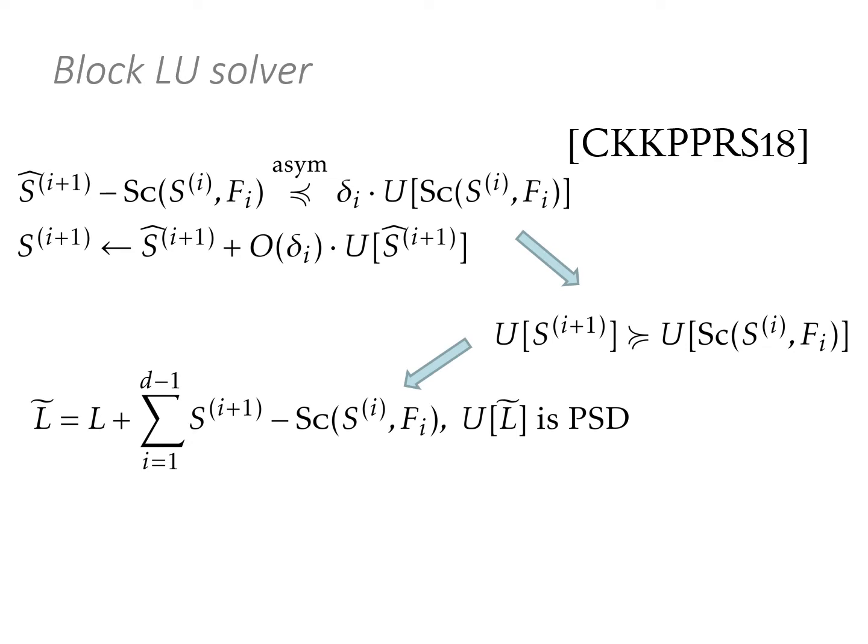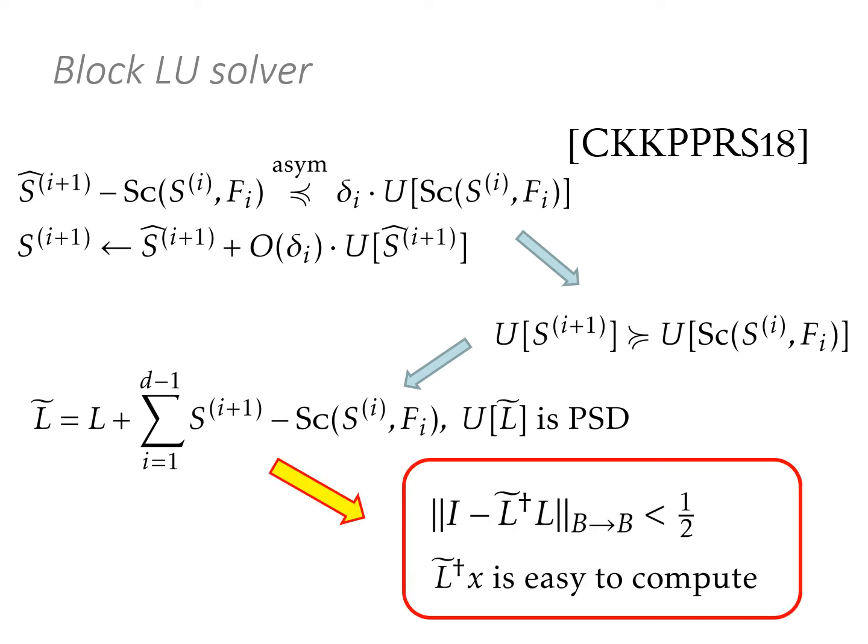Then we can define an approximate Laplacian, whose exact block LU decomposition coincides with the approximate block LU decomposition we compute from L. Then using the result from the paper on the LU decomposition-based Laplacian solver, we can show the pseudo-inverse of the approximate Laplacian is a good preconditioner. Since the upper left block of each Si is a 1 RCDD, the pseudo-inverse of the approximate Laplacian times an arbitrary vector can be computed to high accuracy very efficiently.